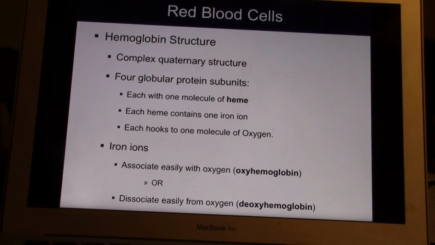Now, think about that. That means that each molecule of hemoglobin can bind onto 4 molecules of oxygen. When the molecules are hooked to oxygen, we call it oxyhemoglobin. When the oxygen dissociates from the hemoglobin, we call it deoxyhemoglobin.